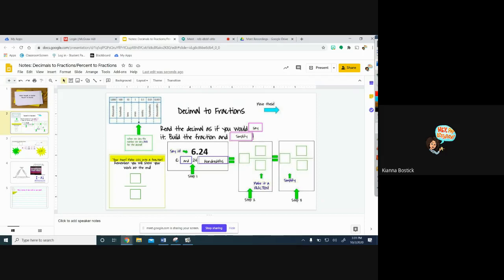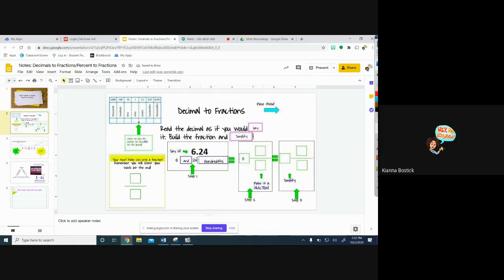So again, here we have 6 and 24 hundredths. What we're going to do is make it into a fraction. Here we have 6 as our whole number. It's in the ones spot. Anything in the ones, tens, hundreds, thousands, anything on the left-hand side of the decimal will be a whole number, so we can keep 6 the same in our fraction.